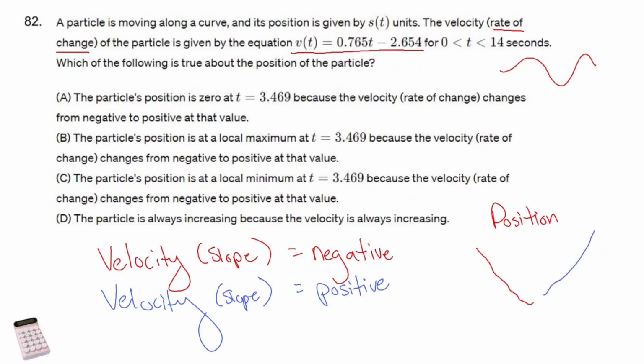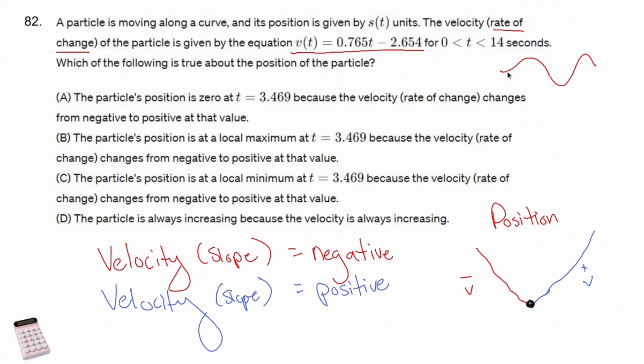So thing number one is if you have a negative velocity, a negative v, and then all of a sudden it changes to a positive velocity, positive v, you have yourselves a minimum.